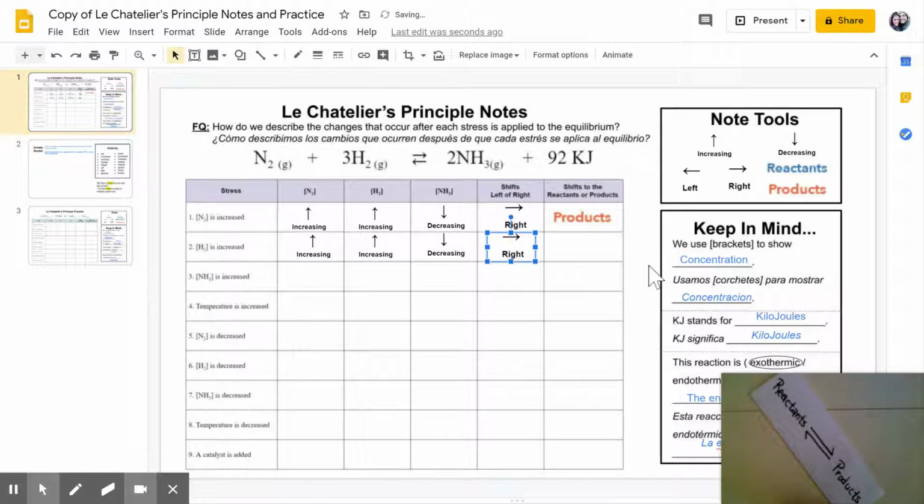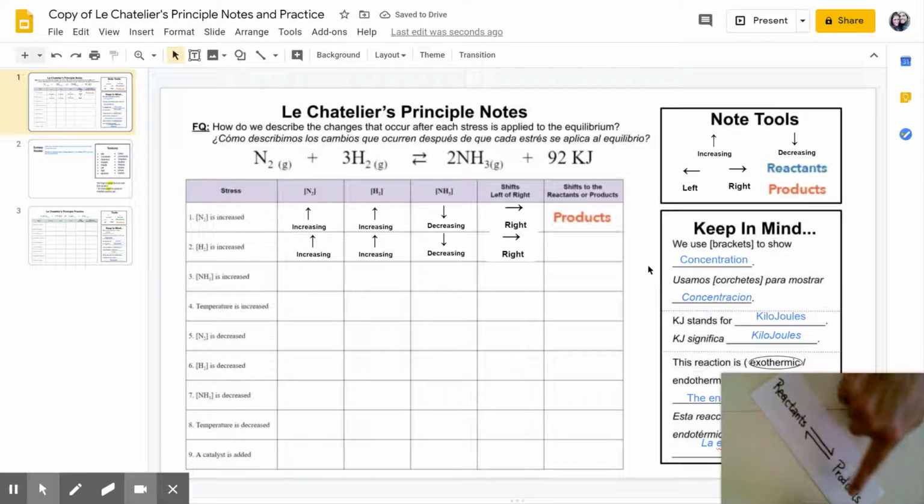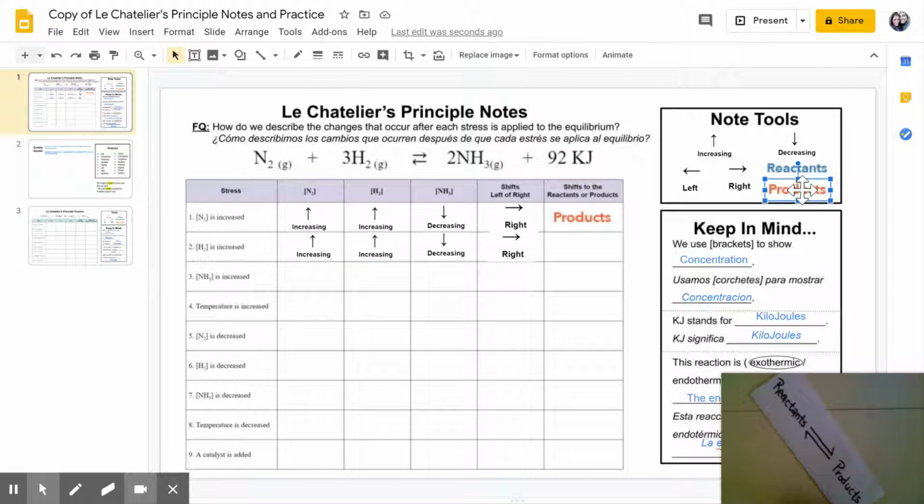And when I shift to the right, I see here I have products. So I'm hoping that you notice there's a pattern here. When we increase anything on the reactant side, it's going to follow the same pattern.